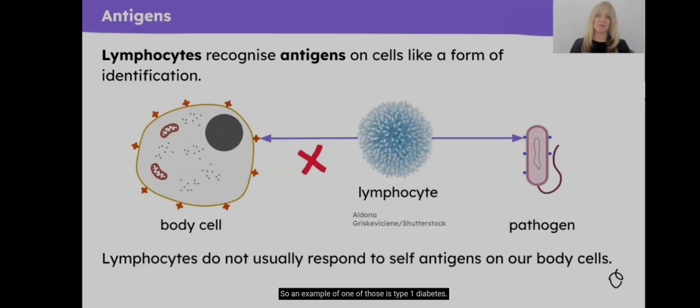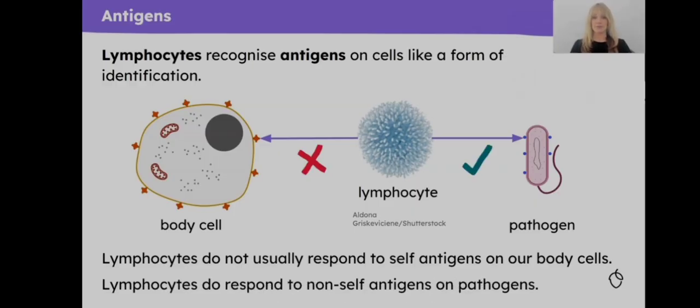An example of one of those is type 1 diabetes. However, most of the time in healthy people, they only respond to the antigens that are on the surface of pathogens. We can see a pathogen there that has a different shape of antigen than the body cell. And so that lymphocyte can only identify that pathogen.